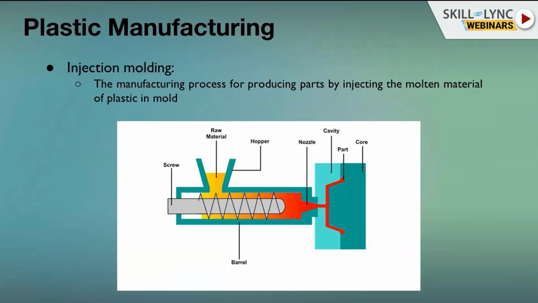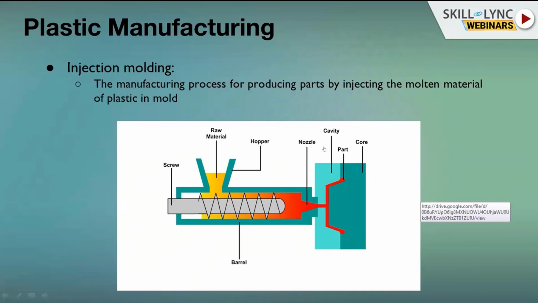Injection molding is a manufacturing process for producing parts by injecting molten plastic material into the mold. Here you can see a simplified diagram showing how plastic manufacturing works. On the right side, the upper portion is known as the cavity and the core, and the middle portion is the part.